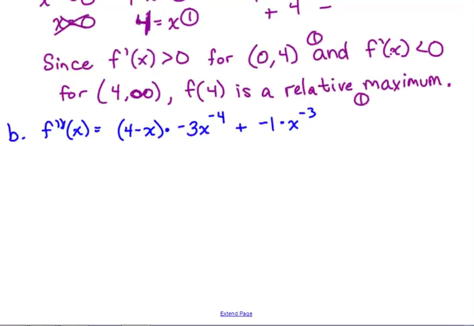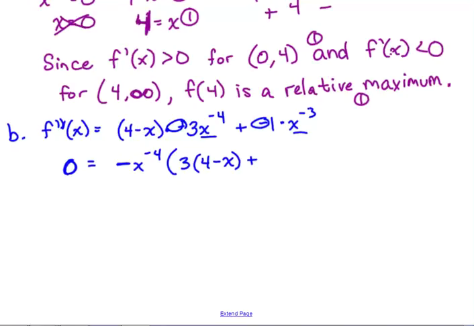We need to know where this is equal to 0, so we need to put it in factored form. Remember, this is that weird factoring. First of all, both of these have a negative in them, so I'm going to pull that out. We need to take out the smallest exponent, which is x to the negative 4th. When we take that out, we're left with 3 times (4 minus x), plus, since we took out that negative, x to the negative third divided by x to the negative 4th.